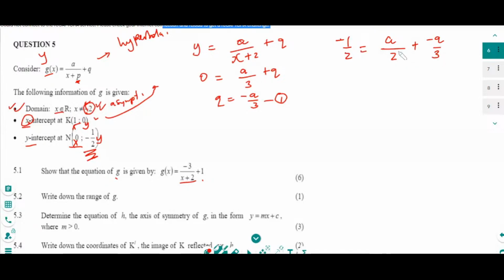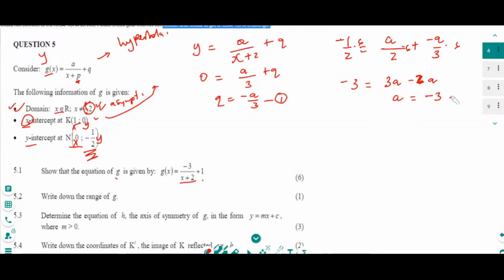So using your normal fractions, I can see that my LCM is going to be 6. Why don't I just multiply through by 6? Times 6, times 6, and then times 6. So that I have a negative 3 is equal to 3a minus 2a. That's 3a minus 2a. So 3 minus 2 is 1a. So it means my a is negative 3.